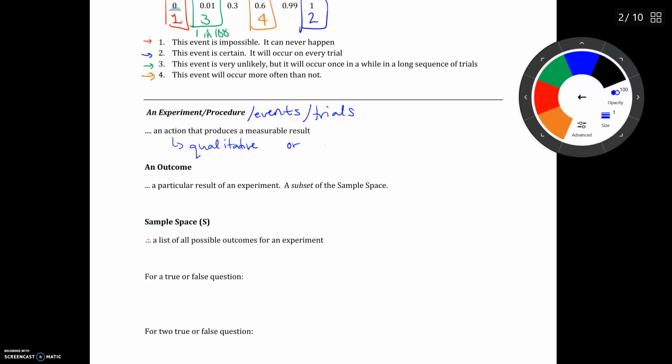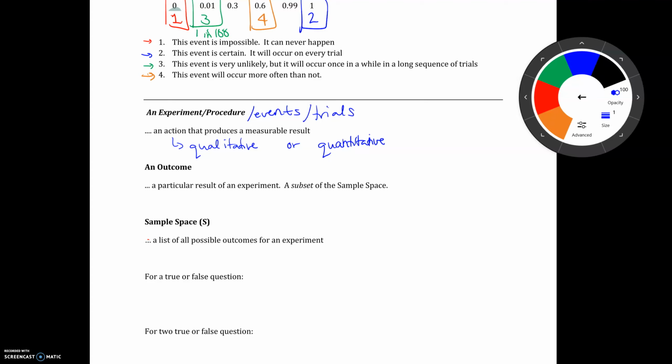Or they can be quantitative in nature, and we'll be building into more of those sorts of values. What's the probability that somebody has a height greater than 180 centimeters? What's the probability that a baby weighs more than 2,000 grams?